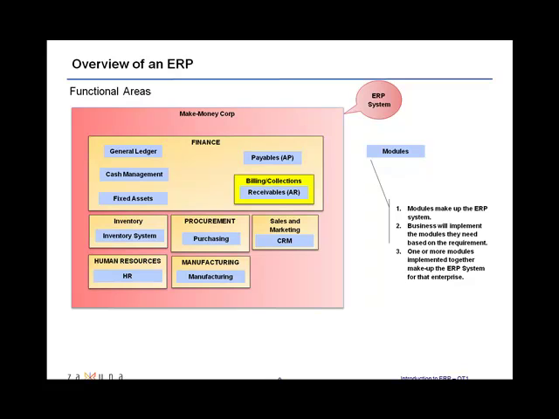For example, if an organization implements purchasing and payables, purchasing is the department that deals with purchasing items from a vendor, and the payables department deals with paying the vendor for the invoices that they raise. In this case, both payables and purchasing share vendor information in common. So in an ERP system, the vendor information is stored once and is shared between purchasing and payables.